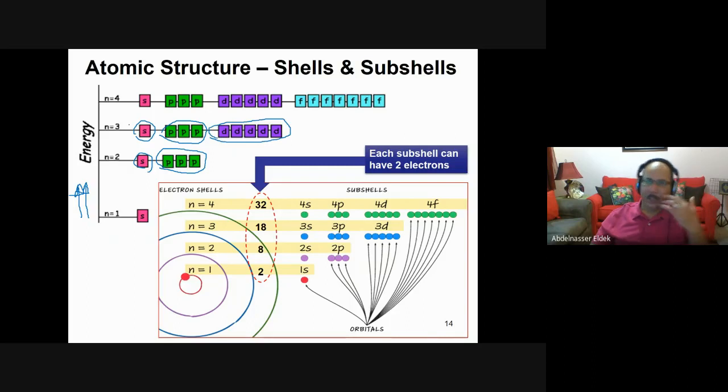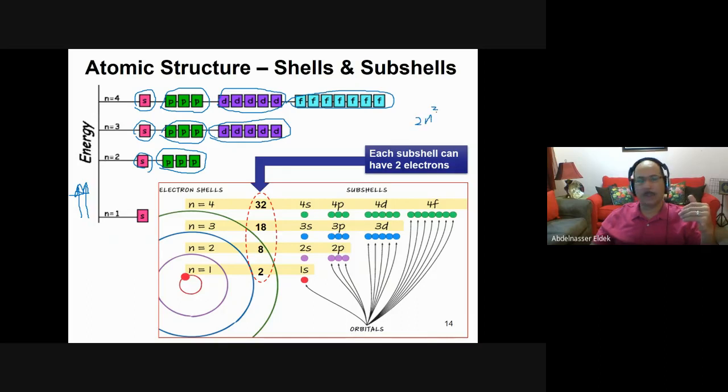Okay. And shell number 4 has 1 variation for s, 3 variations for p, 5 variations for d, and 7 variations for f. And so on. So if you, for example, have n equal 5, then as I said before, the number of electrons is 2 times n square.